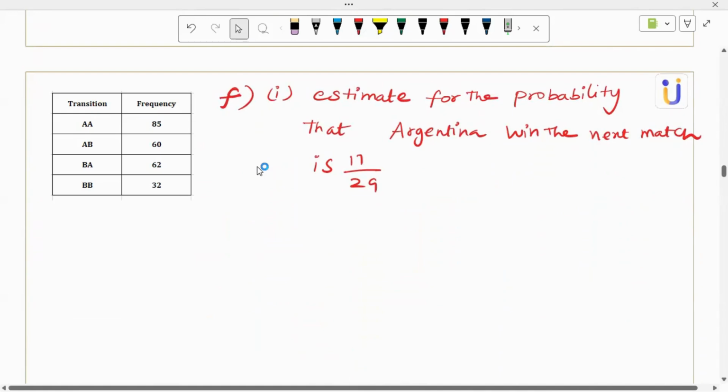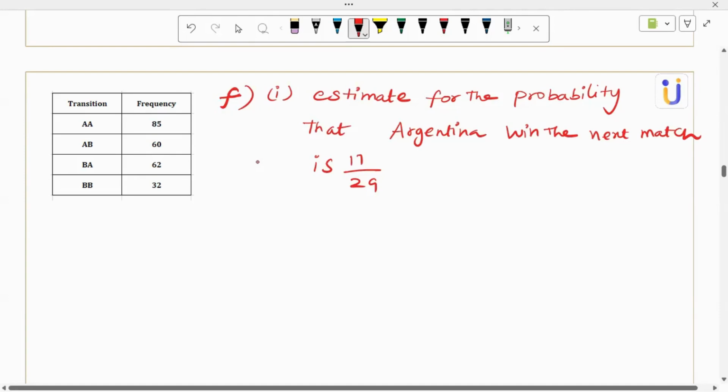Next, there is quite a big description over here. Helen thinks that a better prediction might be made by considering the transition between matches. To keep the model simple, she decides to use only 2 states, Argentina won or Argentina did not win. So Argentina won is A, Argentina didn't win is B, right?